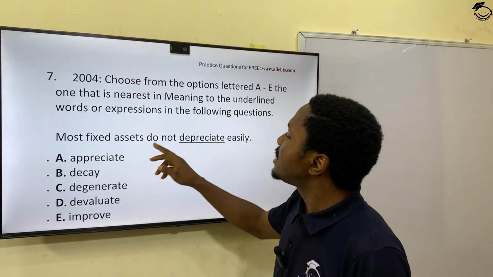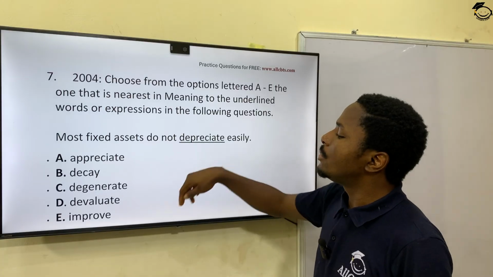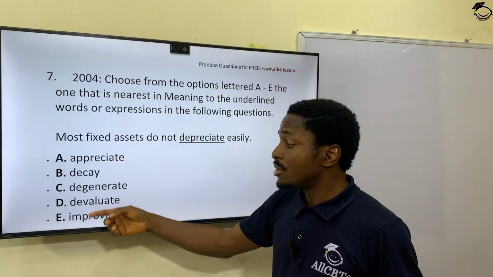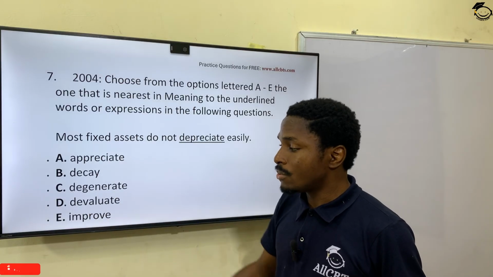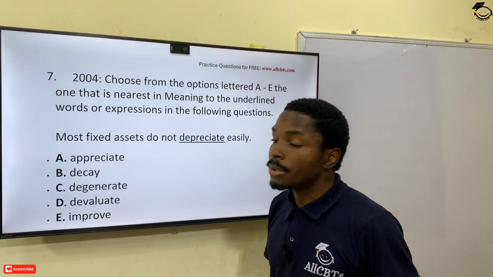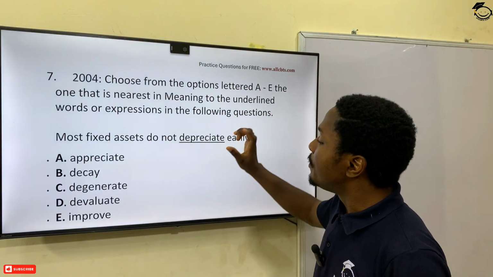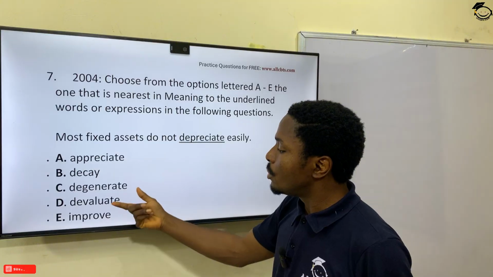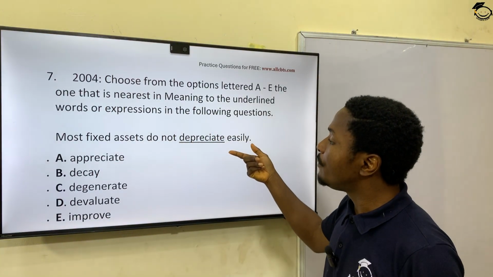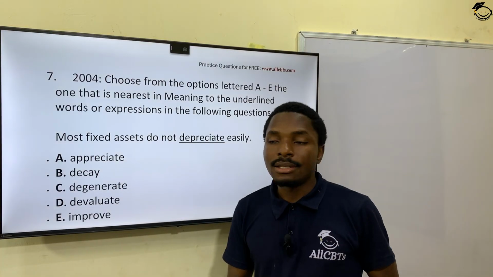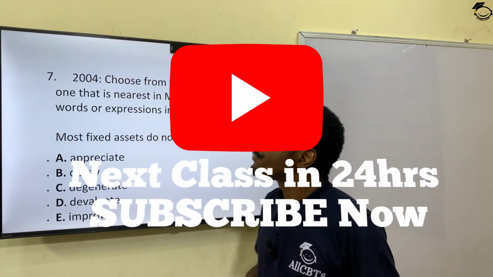So most fixed assets do not devaluate. It would be a bet between degenerate and devaluate, because no other one comes close. Between those two, the one that works with what we have here, most fixed assets do not devaluate easily, would be option D.